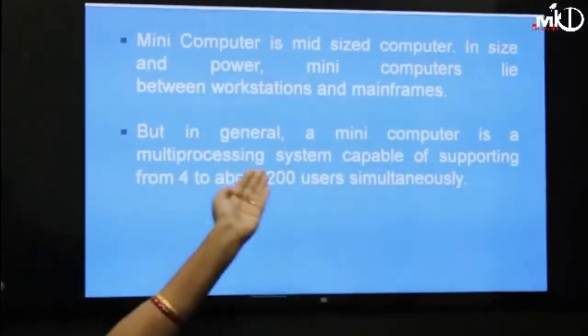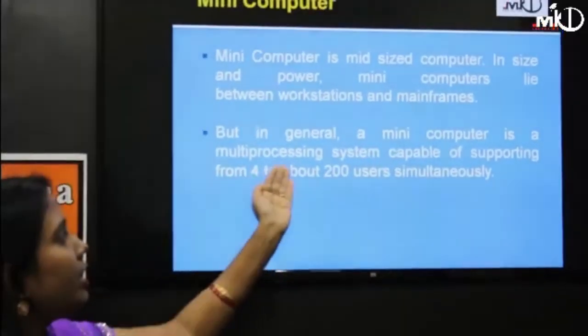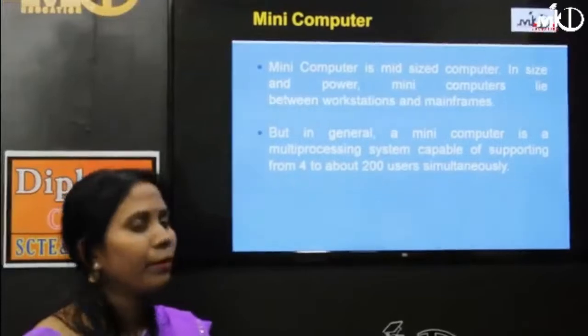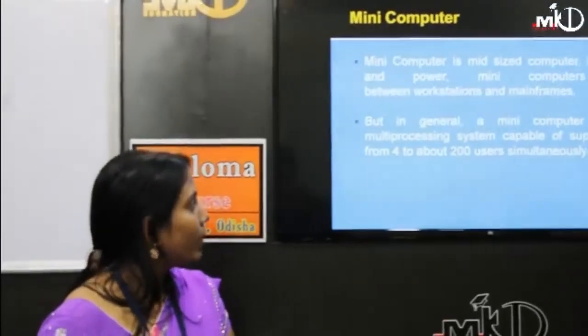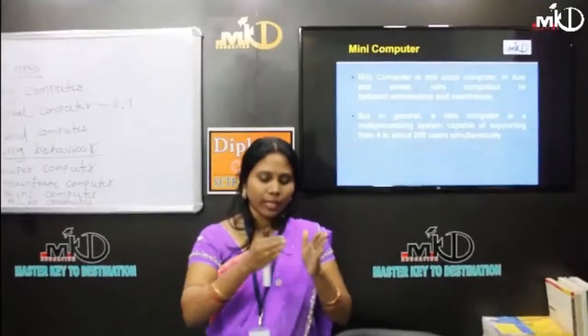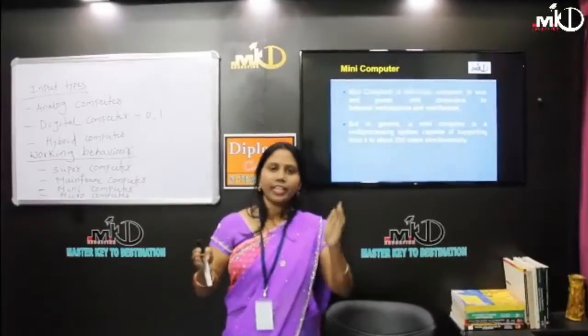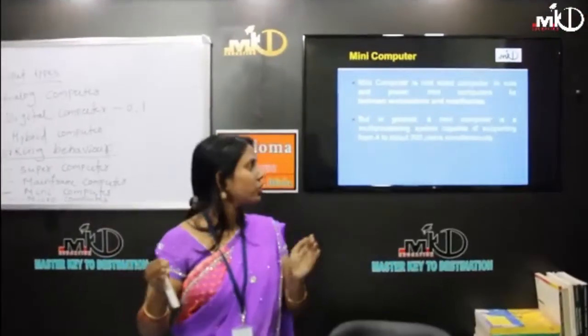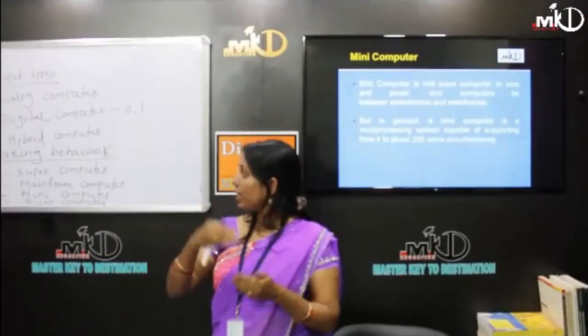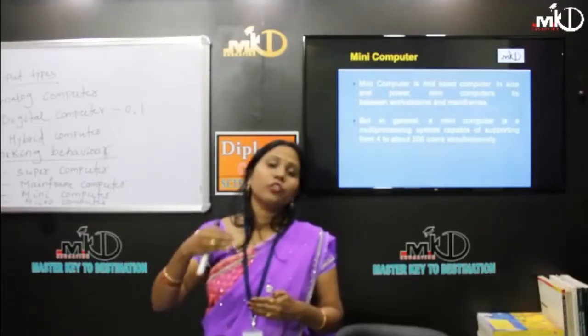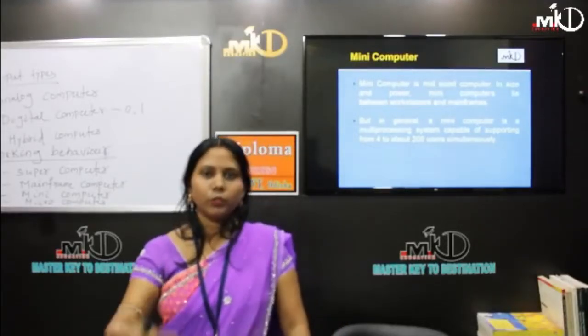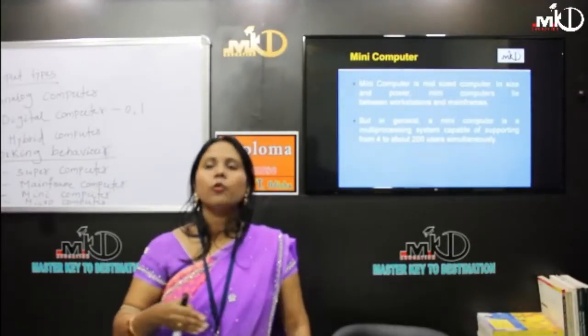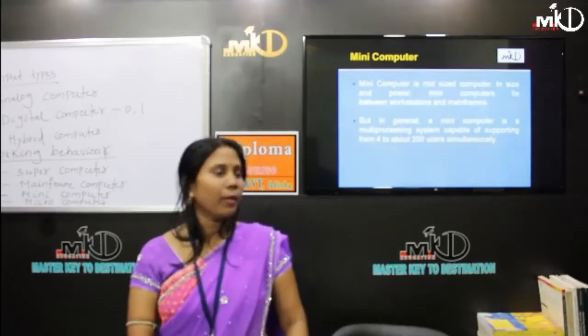In general, a mini computer is a multi-processing system capable of supporting from 4 to about 200 users simultaneously. But in a mainframe, hundreds as well as thousands of users can work simultaneously.